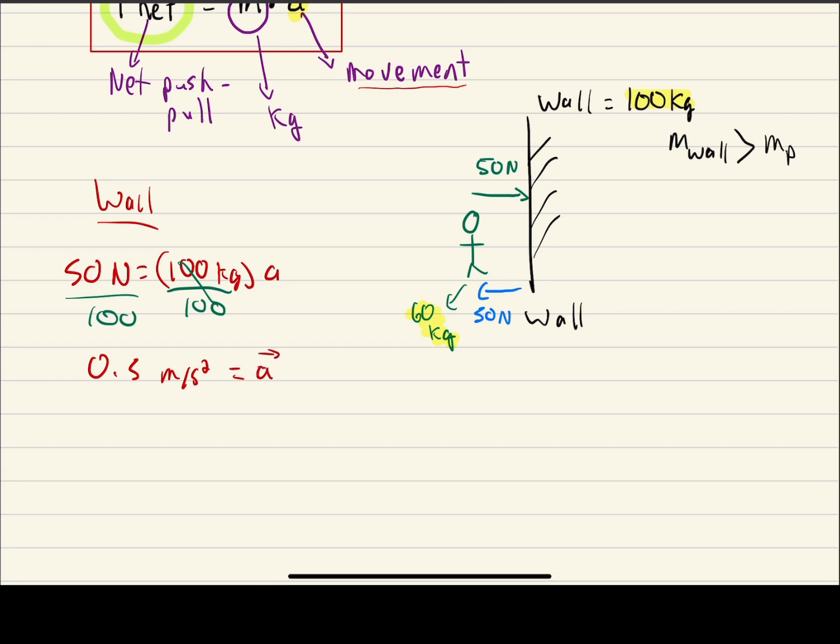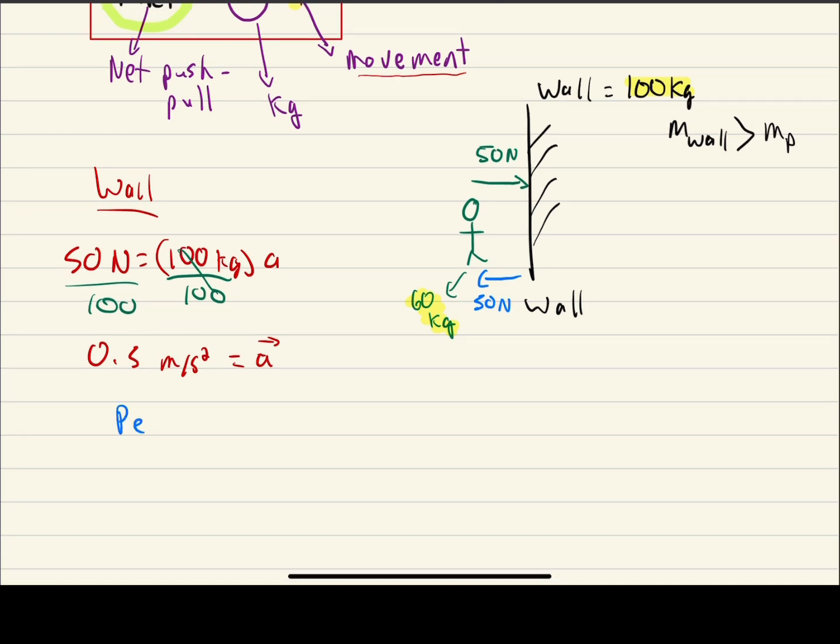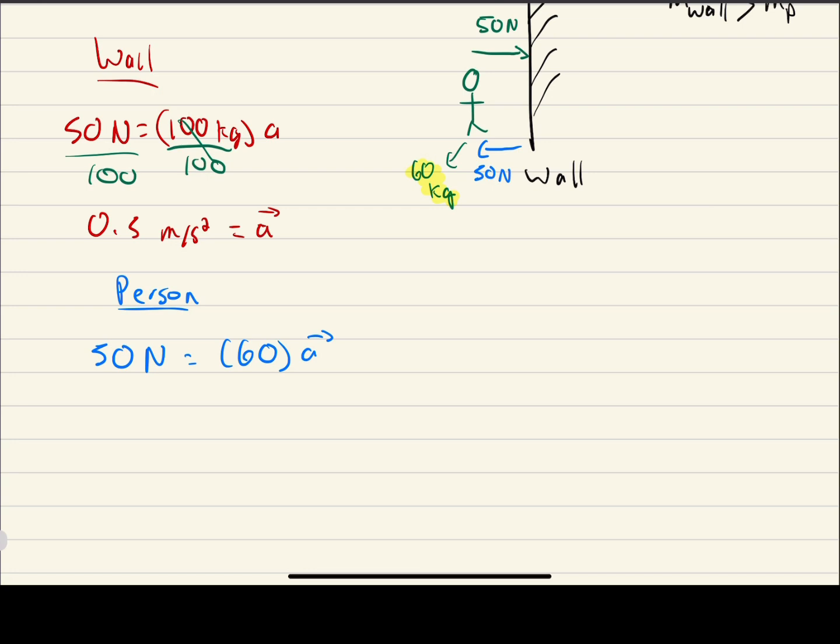Now, if I look at the person here, and we do the same formula, 50 newtons is equal to 60 times A, which is going to give us the net force, and we divide both sides by 60 to isolate for the A. Our acceleration would be about 0.833 repeated meters per second squared.